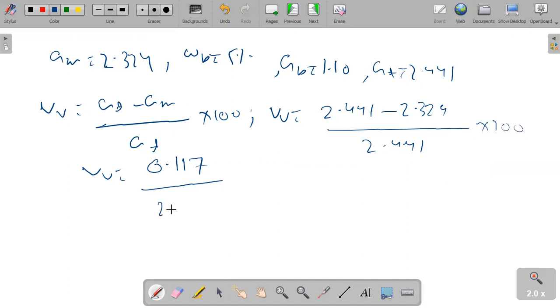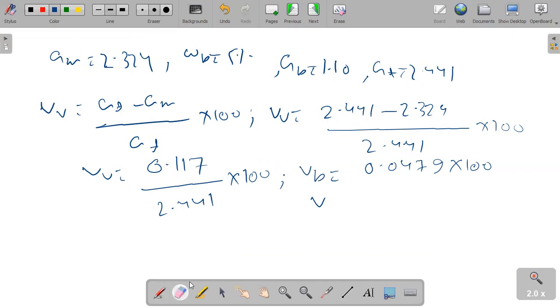It is equal to 0.0479 into 100. That is VV is equal to 4.79%. Okay, let's calculate VB.